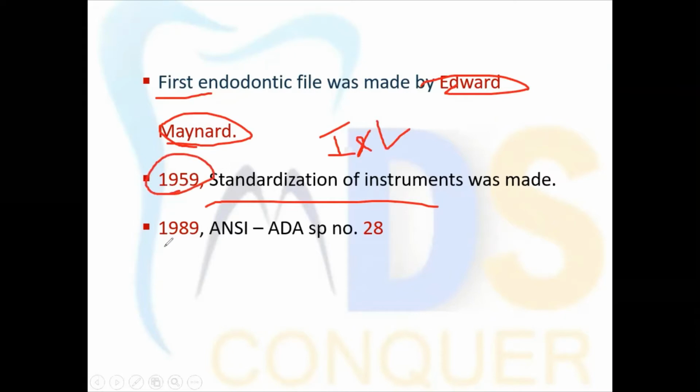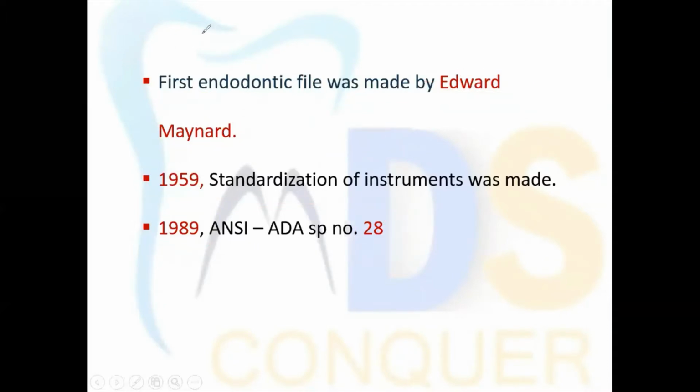And in the year 1989, the American National Standards Institute gave the ADA specification number of 28 for endodontic instruments. Just make a note of all these points that can be asked as an MCQ. So let's move forward.